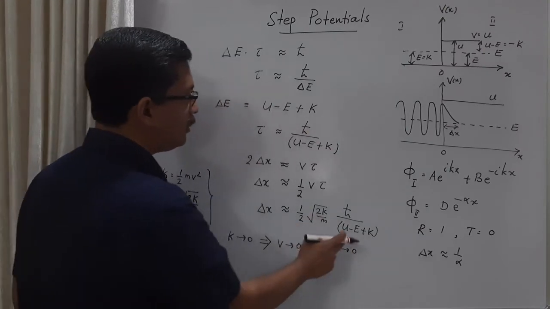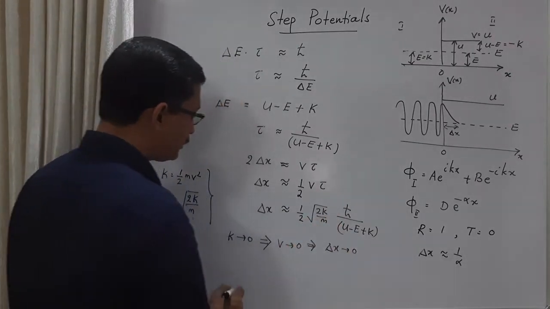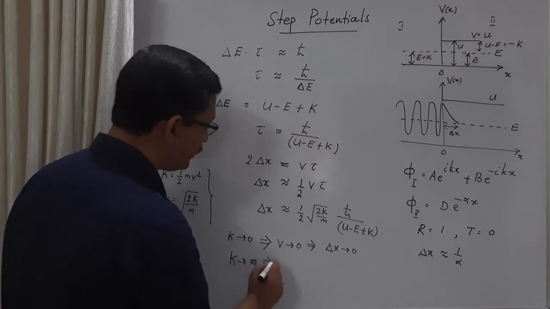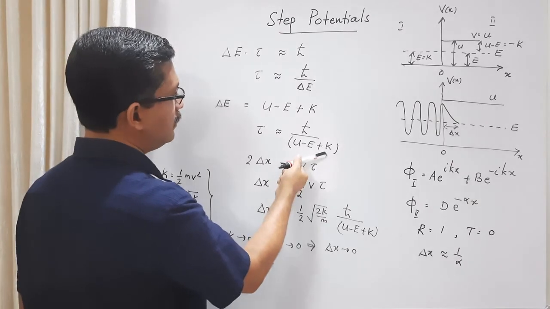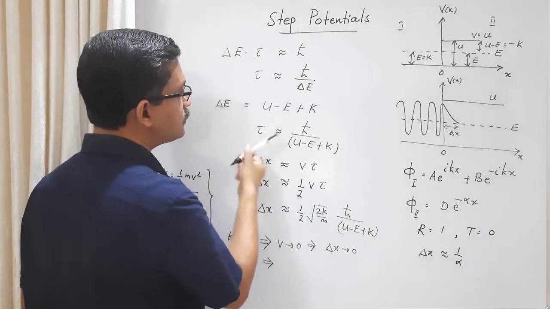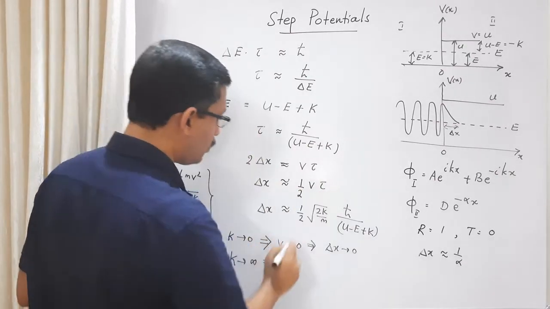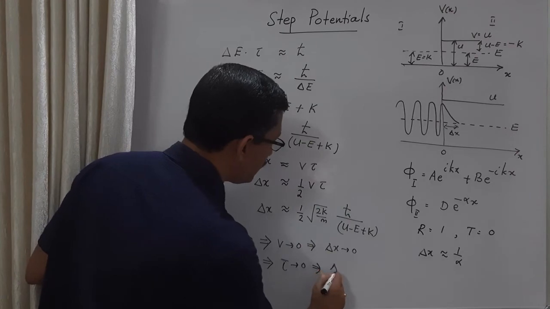From here also, if k tends to 0, this term will go to 0. This is nothing but velocity. So delta x goes to 0. On the other hand, if k is very large, suppose k tends to infinity, suppose the particle has very high kinetic energy, then the time within which this process has to happen becomes very, very small. Tau tends to 0, and delta x tends to 0.